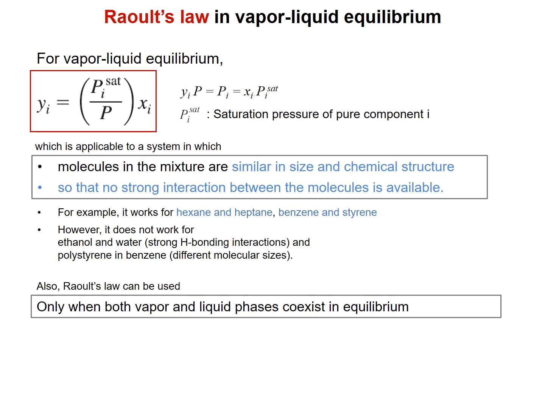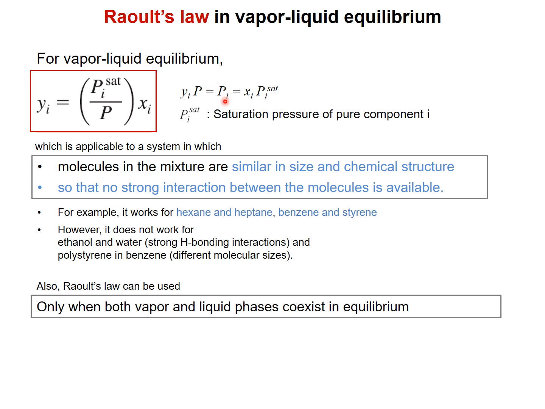The first equation is Raoult's law. Raoult's law is for vapor-liquid equilibrium. Please remember, Raoult for vapor-liquid equilibrium. For vapor-liquid equilibrium, we could use this equation, which is Raoult's law.